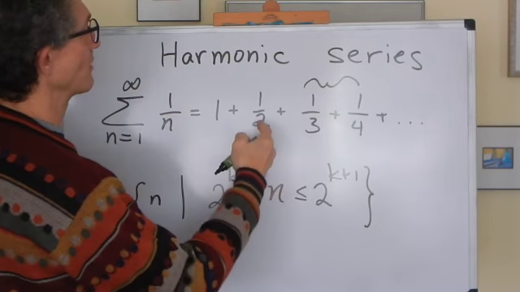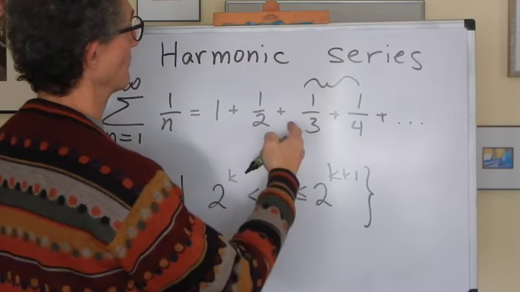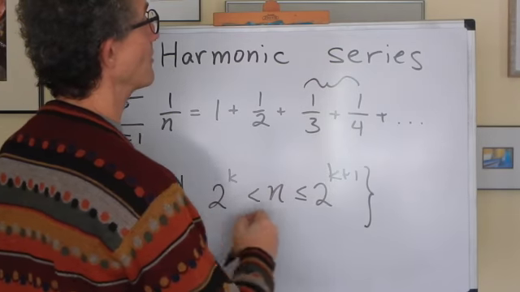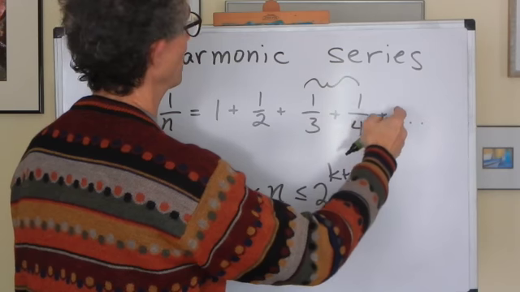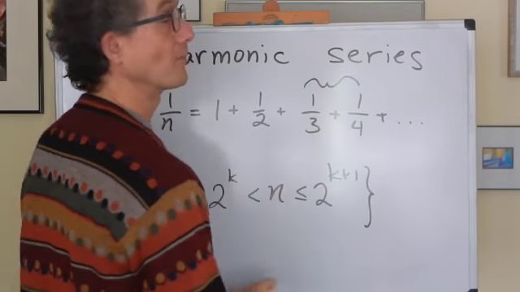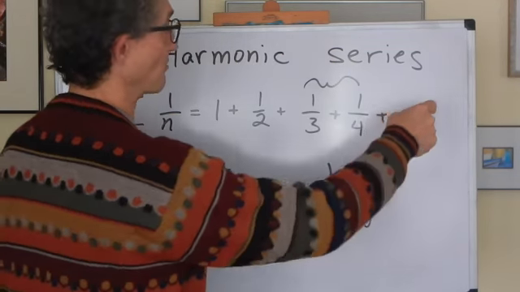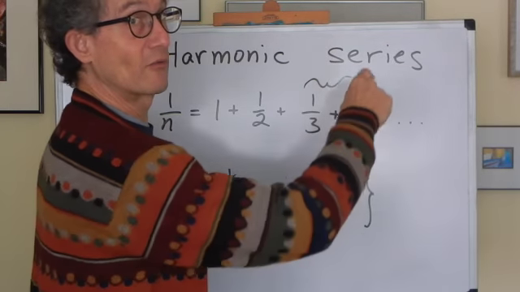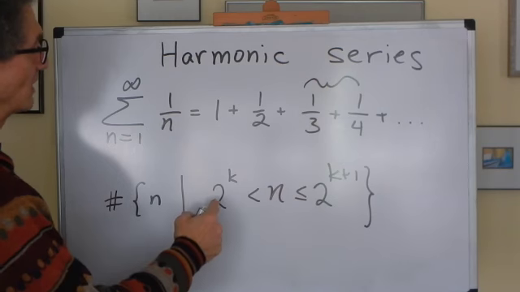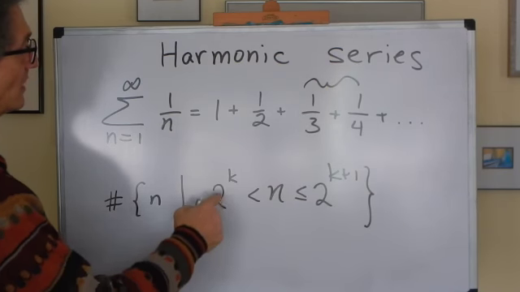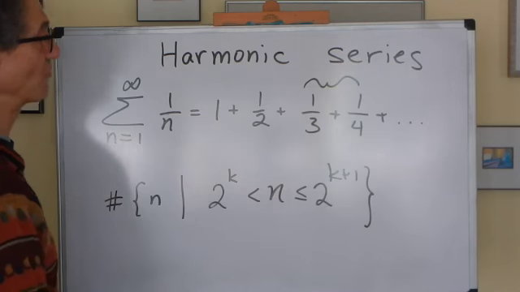So how many terms are there between a half and a quarter, above a fifth, from a fifth and up to an eighth, etc., from 1/9 all the way to 1/16, and so on. So how many n's are there between 2 to the k and 2 to the k plus 1?